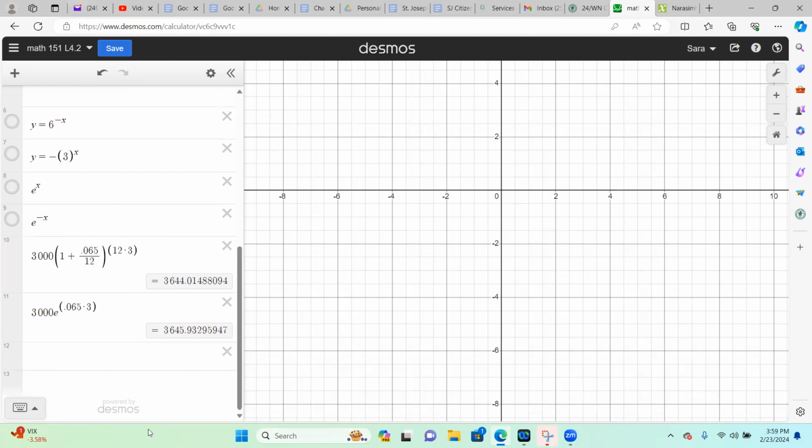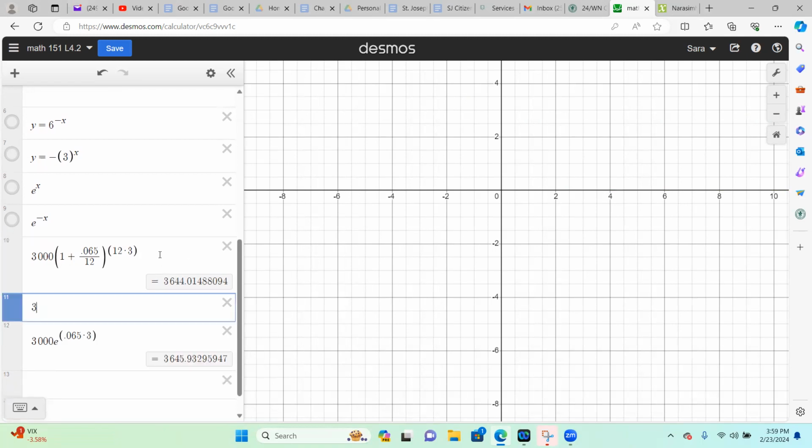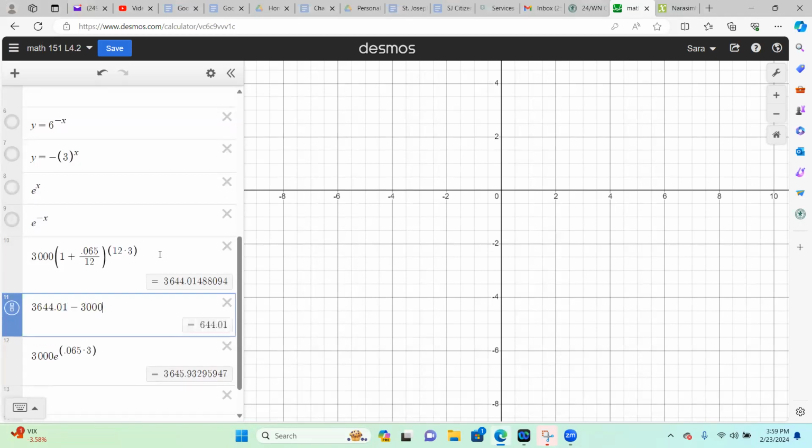Always make sure you round to 2 decimal places because pennies count. And if you wanted to figure out how much interest you earned, you could just take that 3,644.01 and subtract away the 3,000 that you started with, and you would see that you earned $644 in interest over those 3 years.